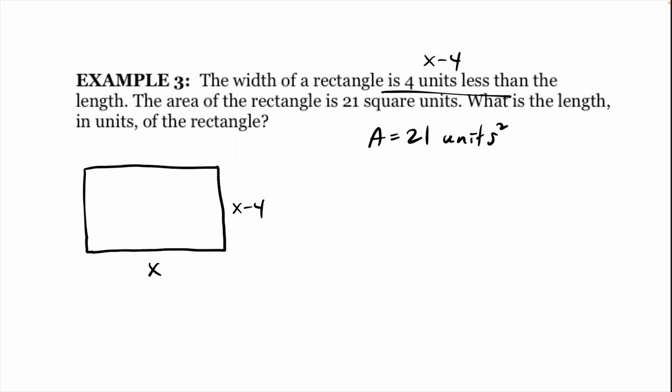What is the length of this guy? So I got to multiply two things, right? What is the length and what is the width? X times what? That's the length.